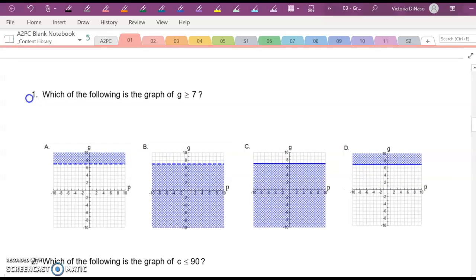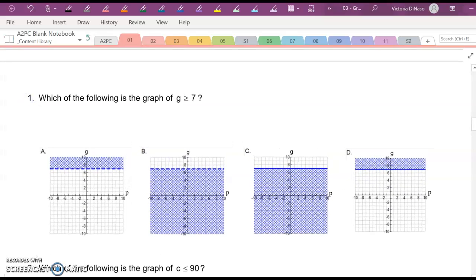So for number 1, we have, which of the following is the graph of g is greater than or equal to 7? Checking out the g, g is up here along the y-axis. So this is the same as saying y is greater than or equal to 7. Now this means we need to decide if it's a dotted line or solid line.